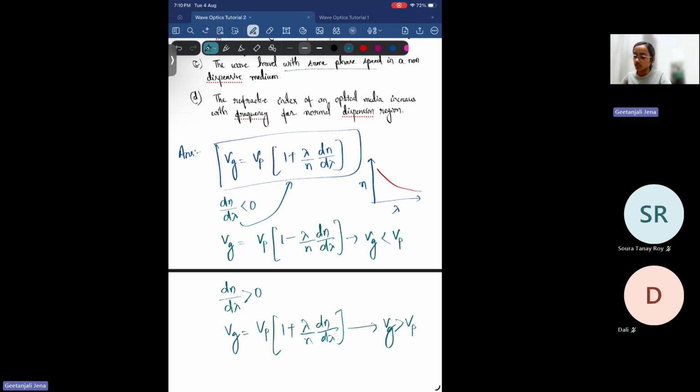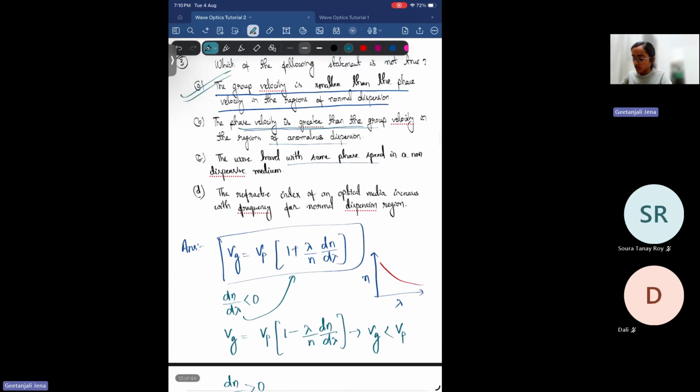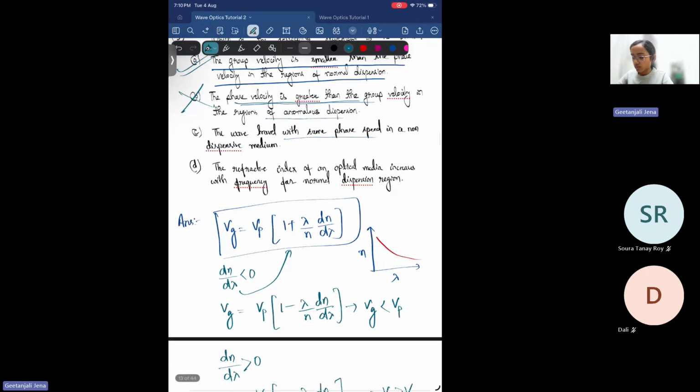So group velocity is greater than the phase velocity. But the question is saying the phase velocity is greater than the group velocity even in the anomalous dispersion. So that means this is not correct. So let us see option C also, because in a question it may happen that more than one option is correct. So always check all the options.